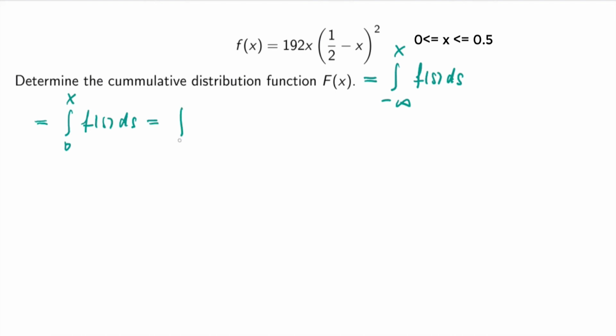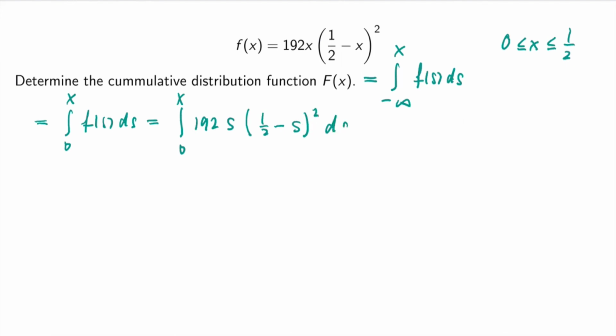So we integrate from 0 to x the function 192, but now x is s. So s times 1/2 minus s squared ds. I call the integration variable s, but it is still the same integral we did before in the previous video.